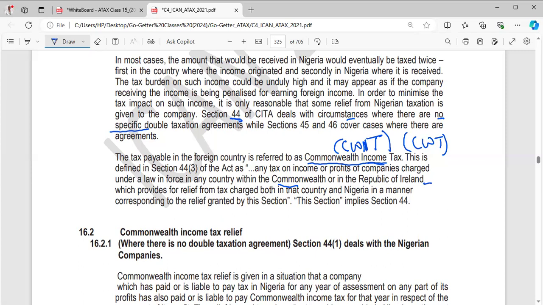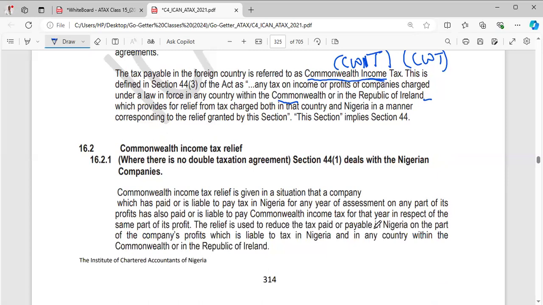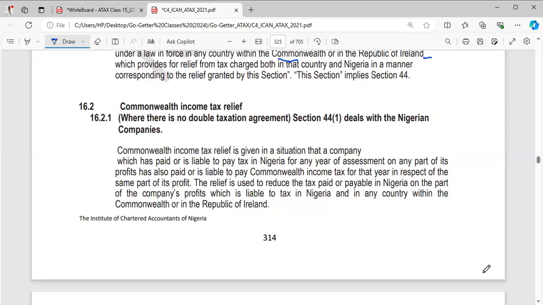Now let's look at this Commonwealth tax relief in section 44. When there is no specific agreement, how should this reciprocal taxing relief be given?